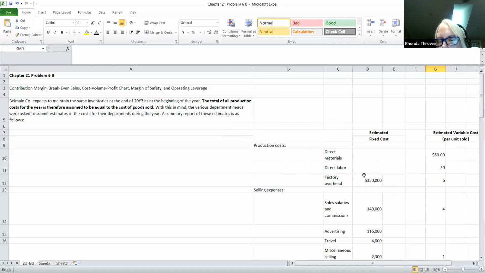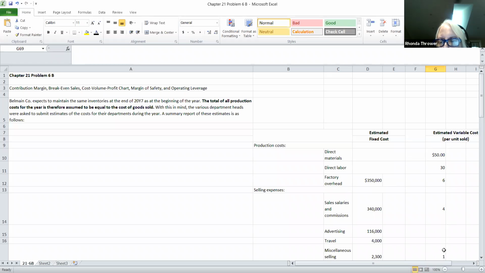And you can see here that overhead is an estimated fixed cost. You'll remember that our fixed costs don't change with the production levels, or in this case, the level that we're going to be measuring is the level of the sales in units. But for our materials, you can see they've given you a variable cost per unit.